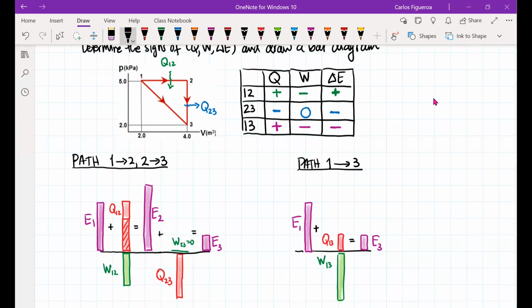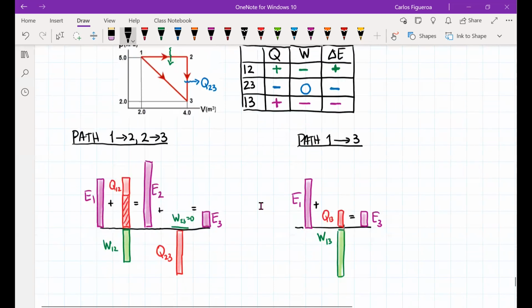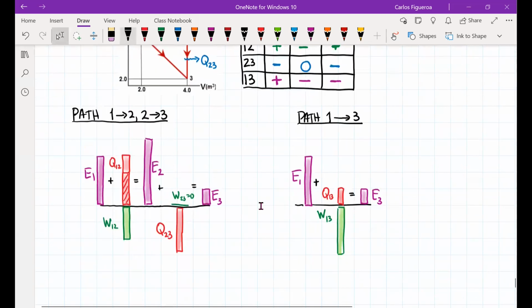So then I could see that my scaling on this one is not good enough. I have to have more work. So if I have more work, I have to come in here and modify this thing. The way I have to modify this is that I have to have more work here. So I'm going to bring this all the way down to 4. Because the work from 1 to 2 has to be bigger than 1 to 3. So that means now I got to change this heat.